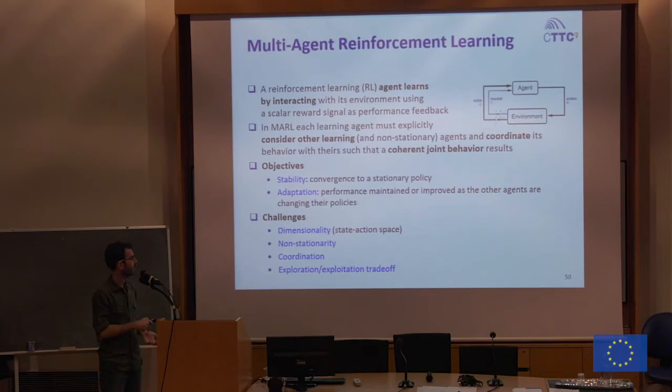Then non-stationarity, the fact that I'm not going to have convergence for the whole system. Another problem is the coordination among the different agents of the system, and the typical exploration-exploitation trade-off that I have in all reinforcement learning algorithms.